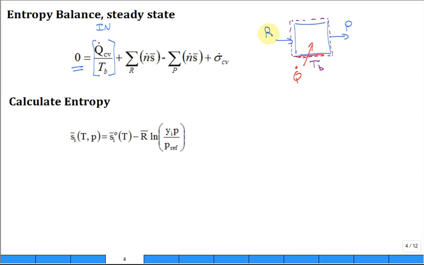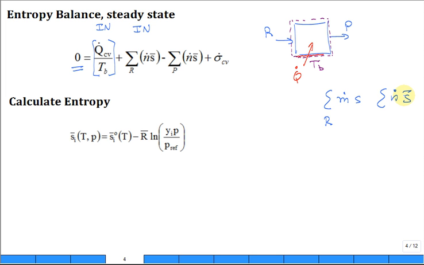The reactants are flowing in, so with the reactants we get a flow in. Now we could put it on a mass basis, m dot s, and sum over all the reactants, but it's more common to put it on a molar basis, sum n dot s bar.